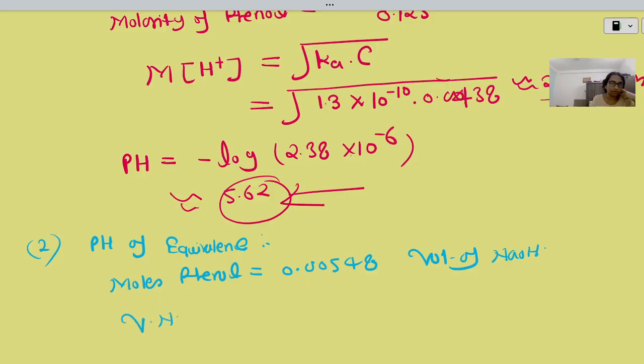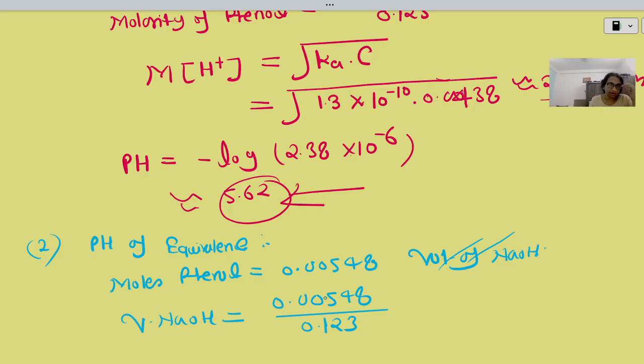Volume of sodium hydroxide is equal to 0.00548 divided by 0.123.